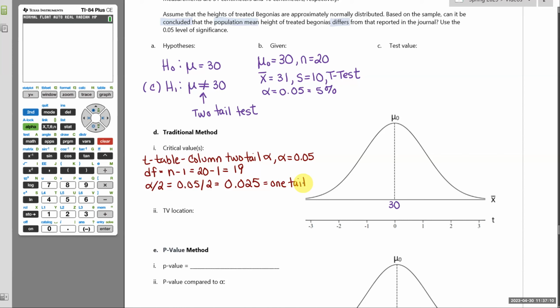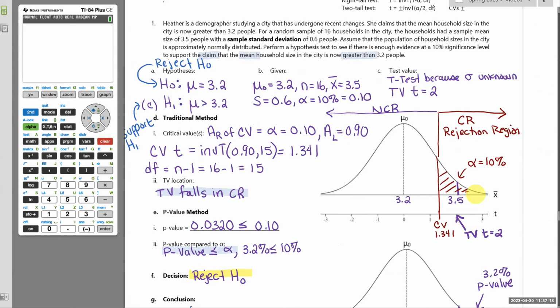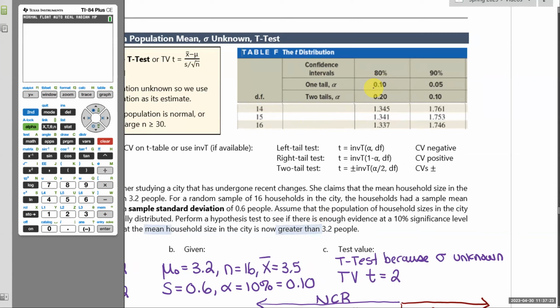So just for a moment, I'm going to go back to a previous page where I had a cutout of the table. Let me just focus on alpha in one tail. Back on a previous example, I'm just going to get rid of my numbers here. You see how there's a one-tail alpha, 0.05.